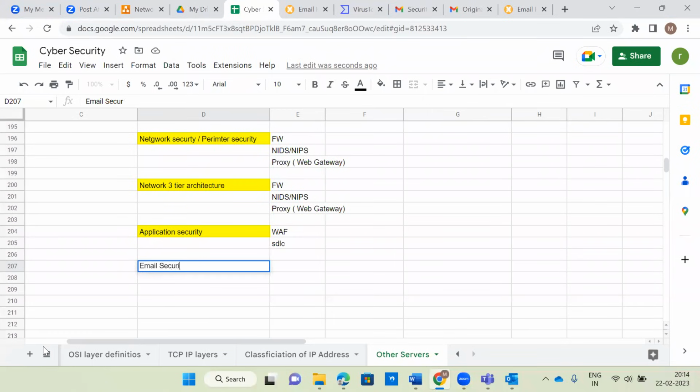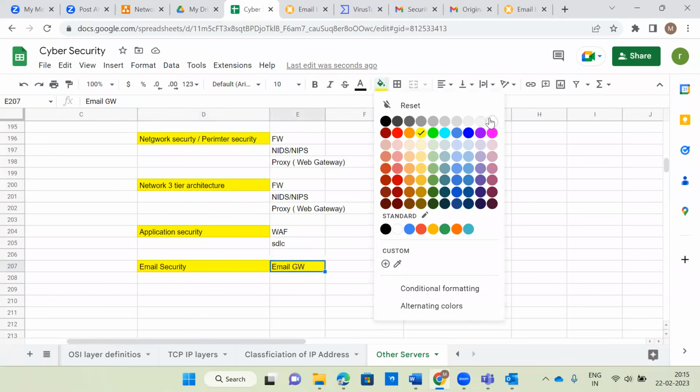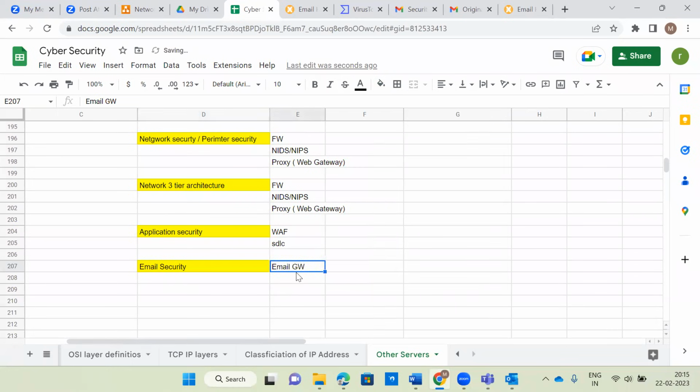Whenever we refer to a gateway, it is a mediator, bridge, or broker. Gateway means a bridge connecting two different types of devices. So a bridge, broker, or mediator we can call a gateway, right?